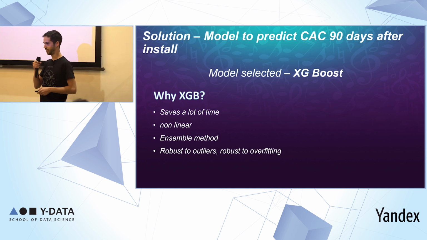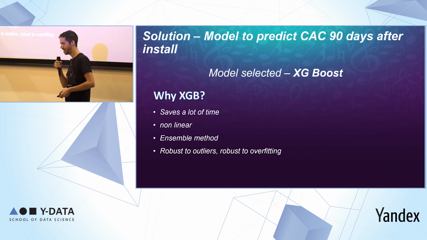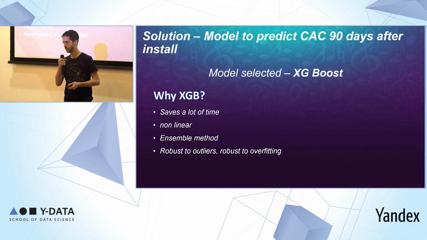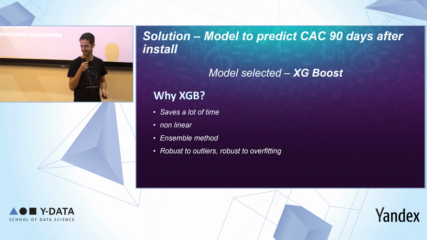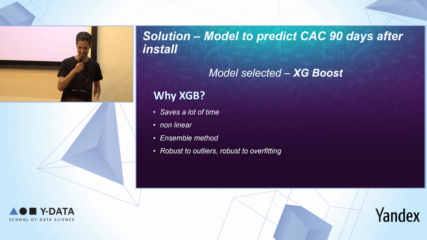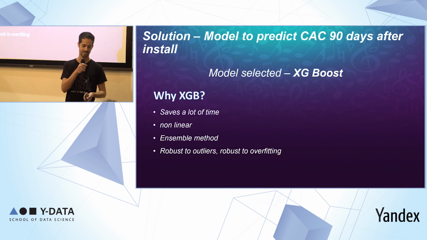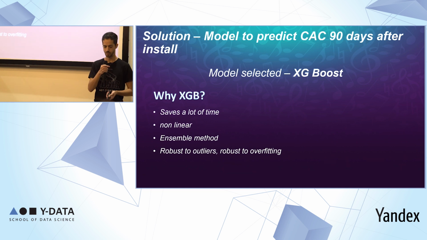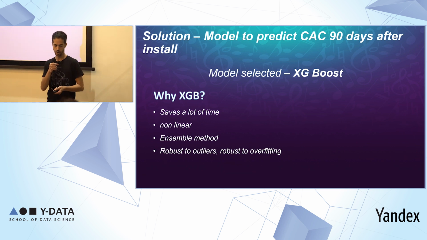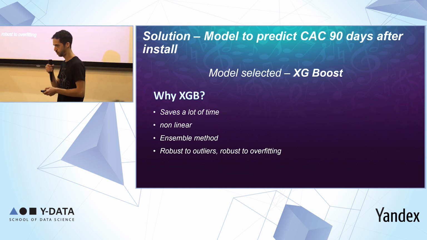It's based on decision trees. As some of us know, decision trees tend to overfit a lot. Because XGBoost is an ensemble method, which combines the performance of many weak learners, it is very robust to outliers and to overfitting.